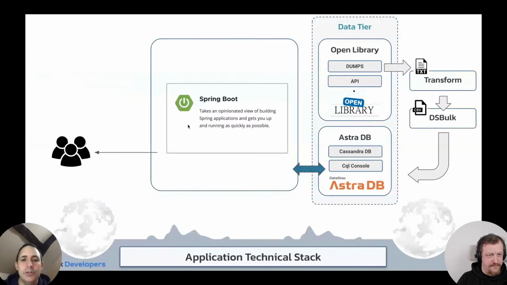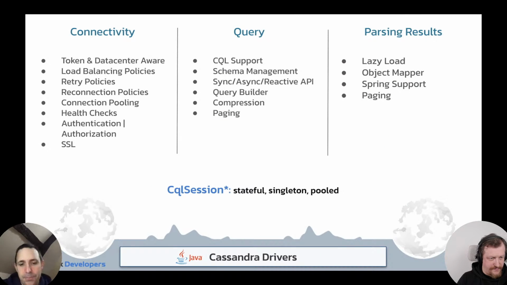How do we do that? So let's fill this Spring Boot app. So first, we need a way to connect to Cassandra. And for that, we are using something called the Cassandra drivers. If DataStax is famous for something, it is to have implemented the Cassandra drivers in multiple languages, and Java makes no difference.